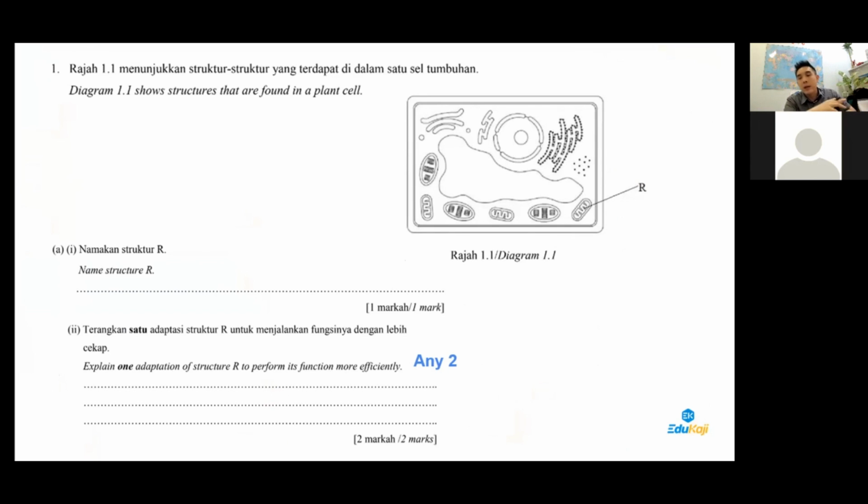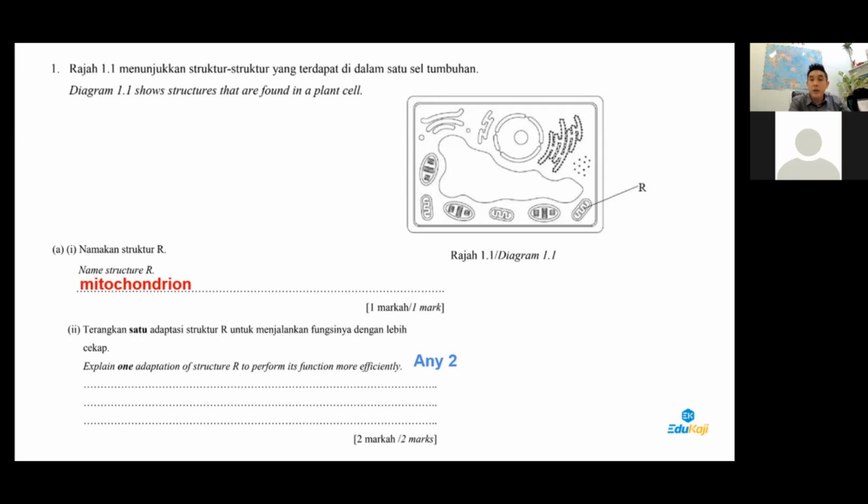But now I think based on the previous SPM, they can ask anything, guys. Last time there was a sequence, they'll ask from Form 4 early topics and then followed by Form 5. But if you check out the SPM 2021 biology set, it could be any topic. So here we are dealing with Form 4 Chapter 2 at the start.